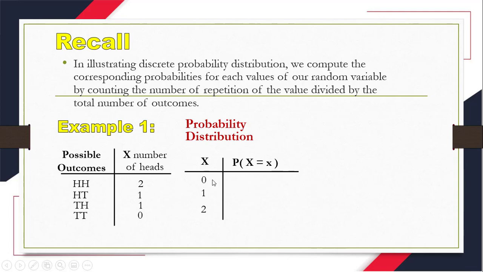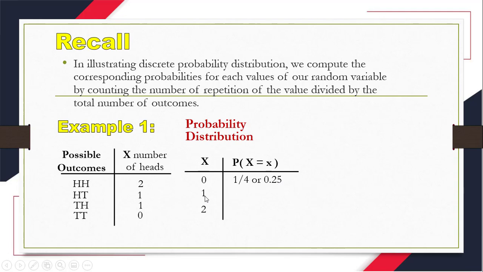The probability that X is equal to 0 is, we only need to count the number of repetitions. How many zeros here? We only have 1. Then divided by the total number of outcomes, which is 4. So that would be 1 over 4, or 0.25.